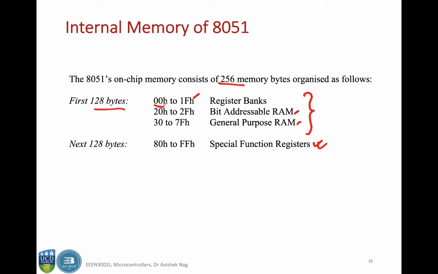So this is the starting address, let's say 00 hex to 1F hex. So there are 32 bytes of register banks. Then the next space is for the bit addressable RAM from 20H to 2FH, and then the general purpose RAM from 30H to 7FH. Okay, this is H. And then these are the special function registers.